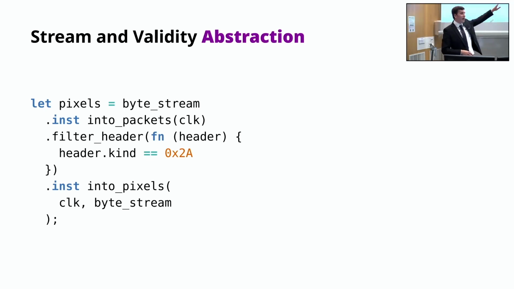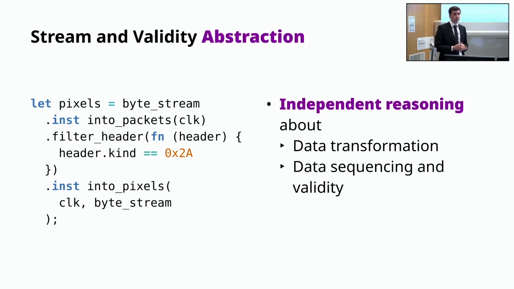What happens behind these method calls is out of scope here, but the point is that by building this stream abstraction, we can have independent reasoning about what transformation we want to make on the stream, in this case, filtering out a bunch of packets, and the data sequencing and validity that is hidden behind the method calls. So the type system separates the two, just like the pipeline separates the computation from the pipeline stage details.